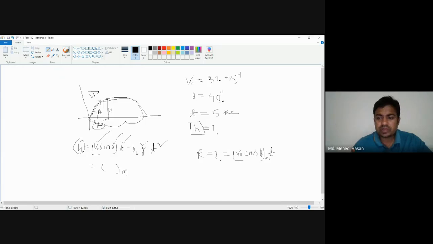If you want the horizontal range, you have to find the total time.